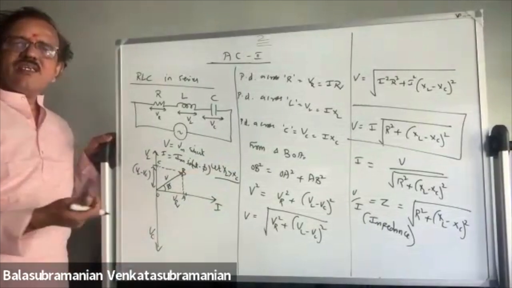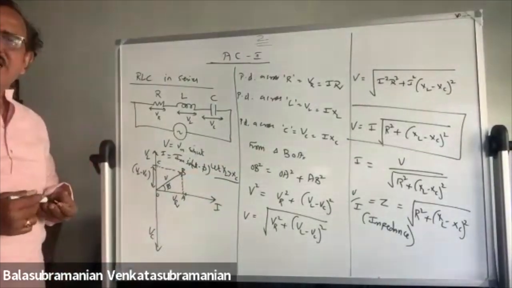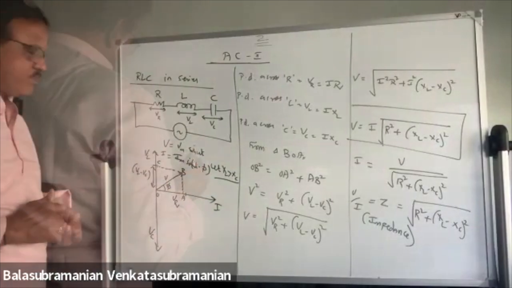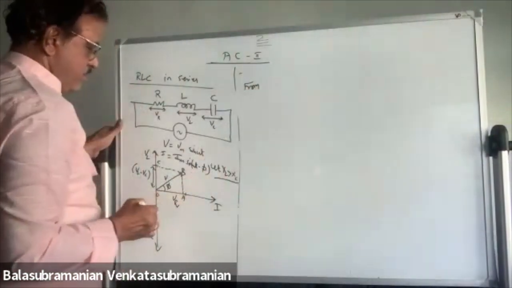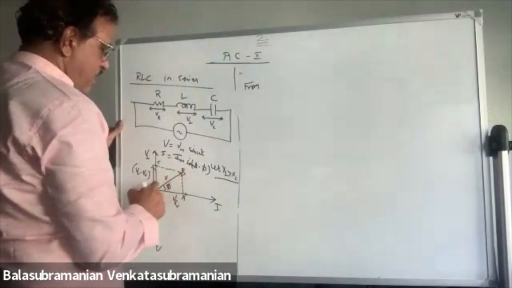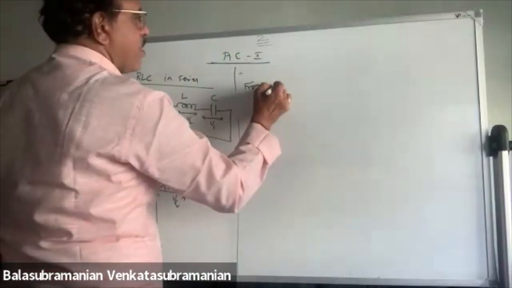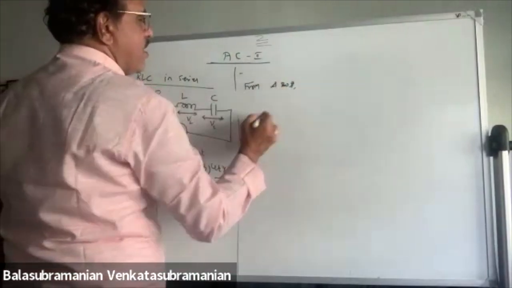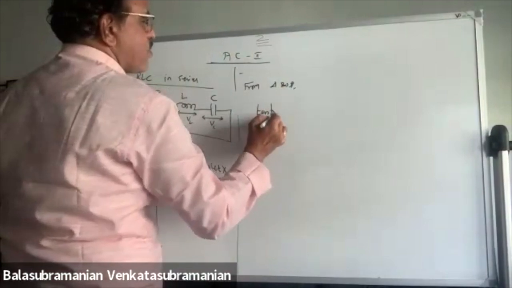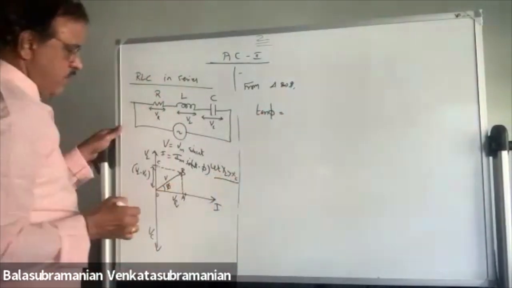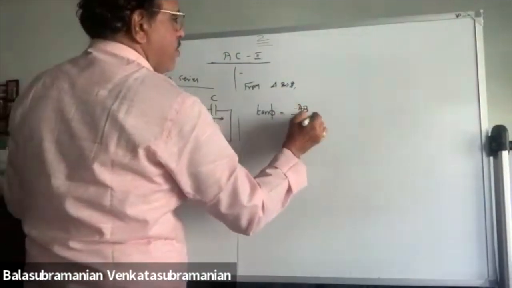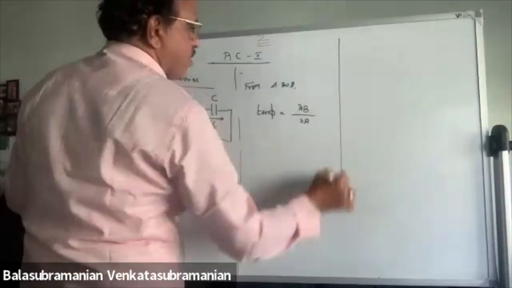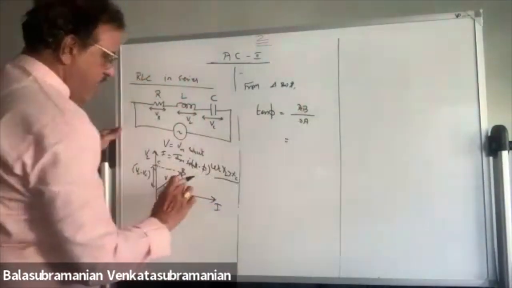What is the resultant phase angle? Tan phi we have to calculate. So from triangle BOA, tan phi is equal to opposite AB by adjacent OA. What is AB?